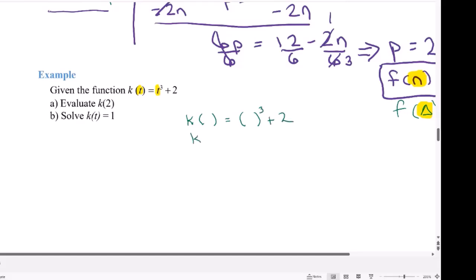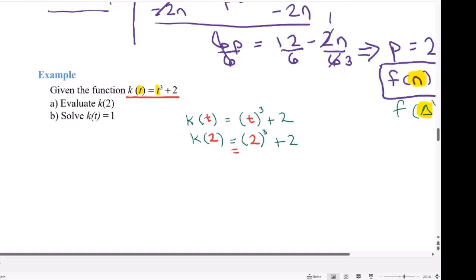I'm going to write it twice. Notice wherever I have a t here, I just left parentheses. And here, I'm going to put the t in. But for a, I'm going to put 2 in.